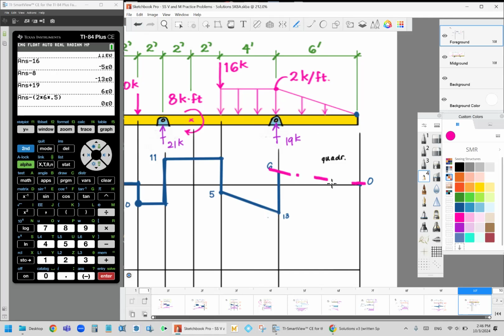And if you added a few more, you will be able to see that this is a concave upward quadratic curve. Very, very easy to mix that up, but this is the one that's correct. Quadratic, concave up. Okay.